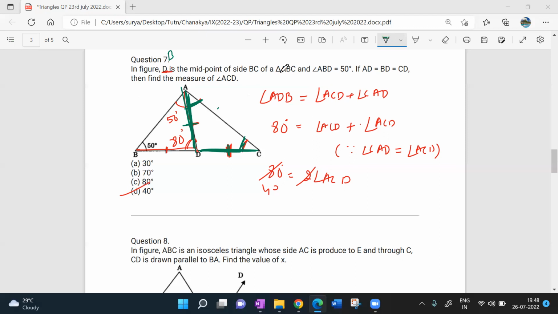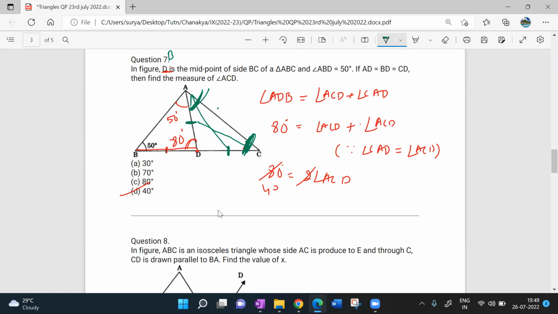No, sir, I did not understand. What I'm trying to say here is, look at this here, beta. I'll tell you again. I'll erase this. What he has given, beta, this and this both are equal. What is the opposite angle to this side? This one. Now this one, what is the opposite angle to this one?